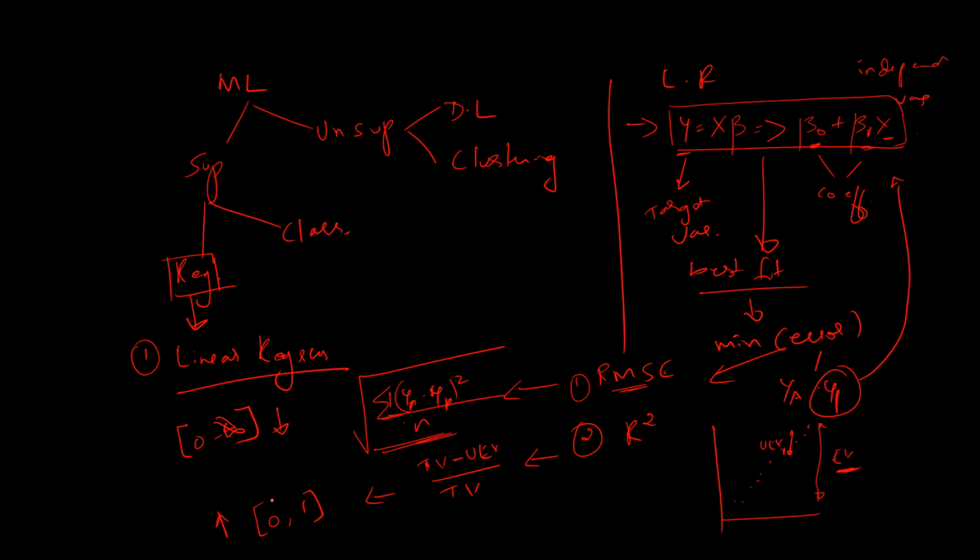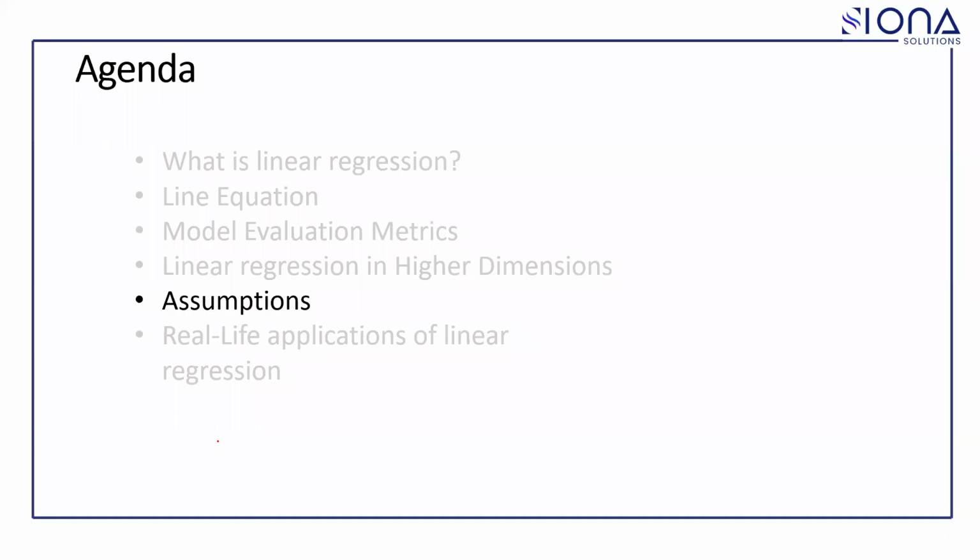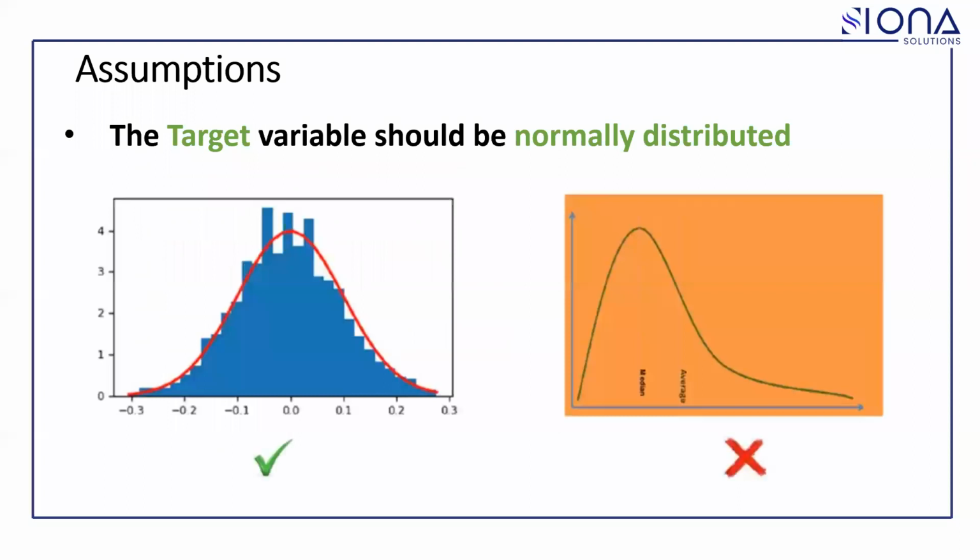After clearing all this, we learnt about assumptions. I think in the last class we discussed the first assumption, that your target variable should be normally distributed. You guys remember this? Yes, sir.